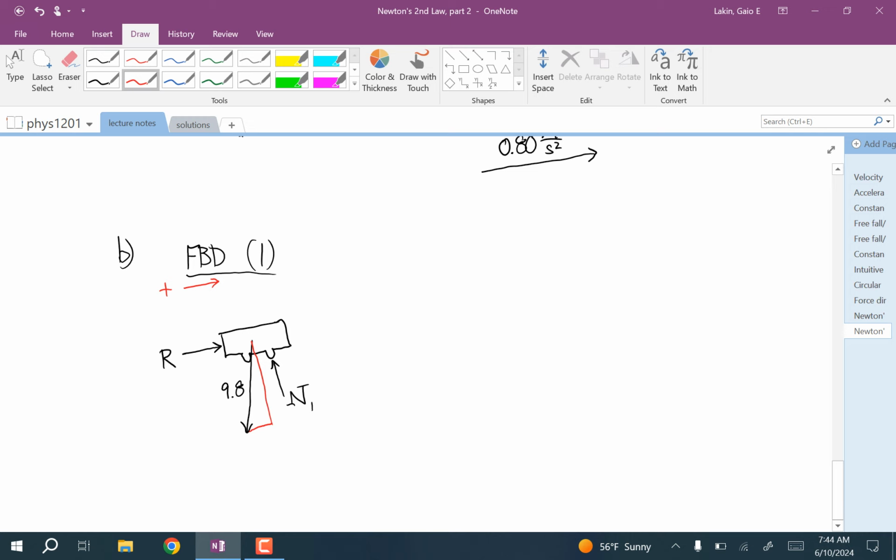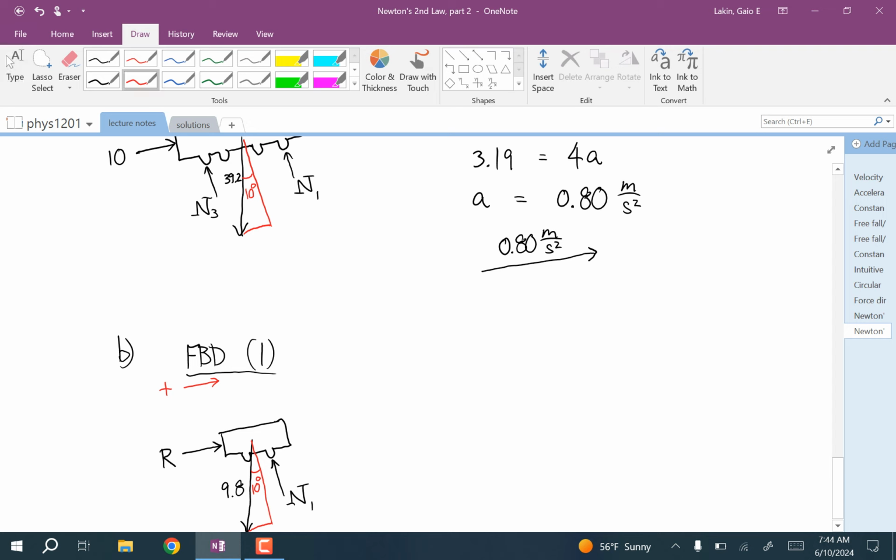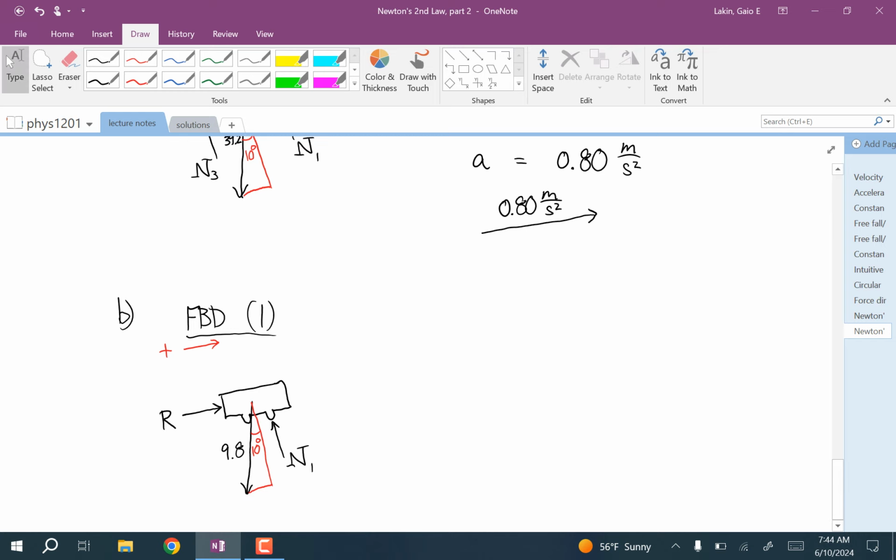So I'll break this up using a right triangle. This angle is 10 degrees. The component we want, this weight force, just like the combined weight force, is more than 90 degrees from the positive direction.